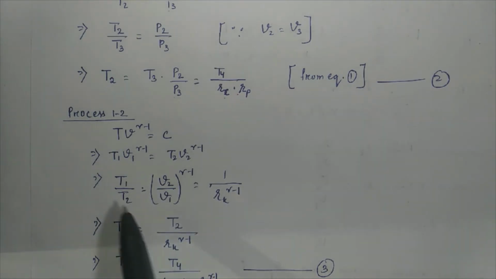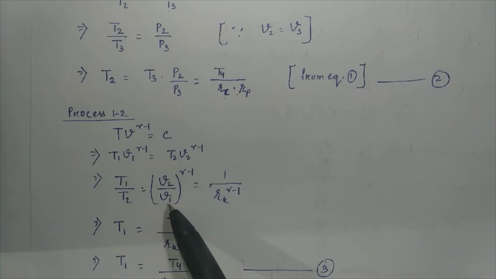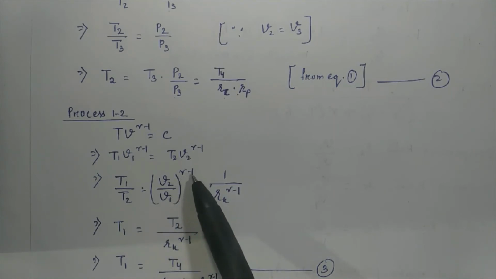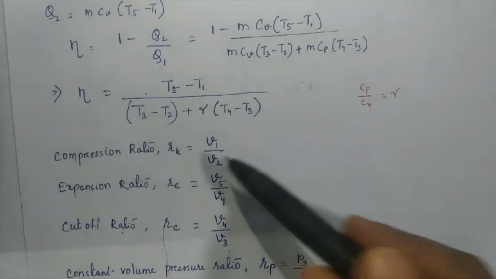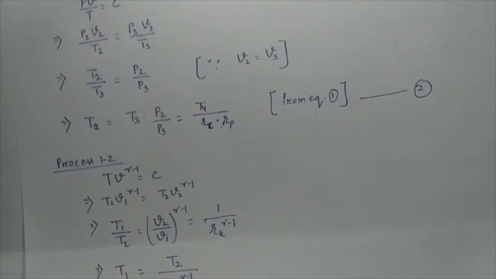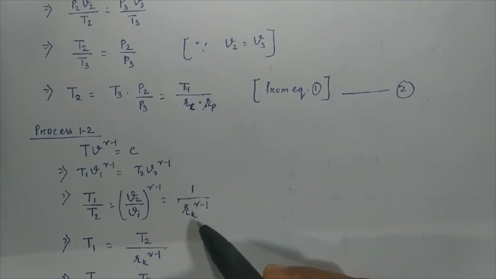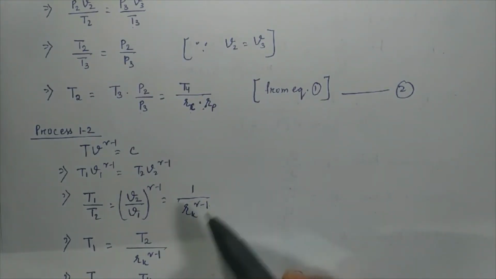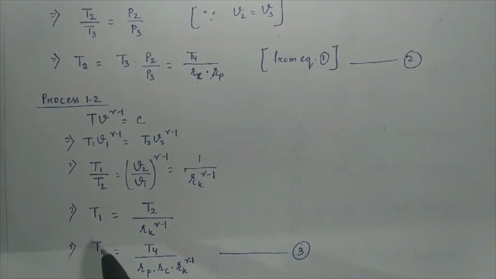By rearranging, T1 by T2 is equal to V2 by V1 to the power gamma minus 1. We know that the compression ratio is V1 by V2, so V2 by V1 is 1 by Rk to the power gamma minus 1. So T1 is equal to T2 by Rk to the power gamma minus 1.